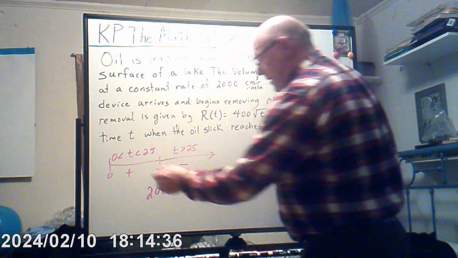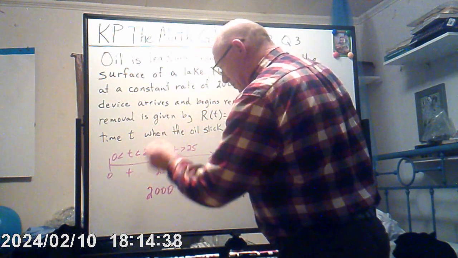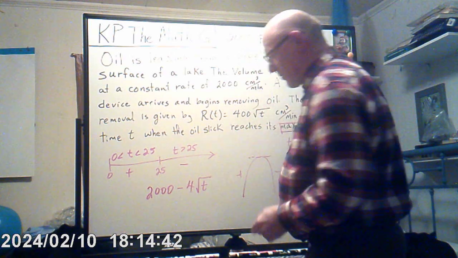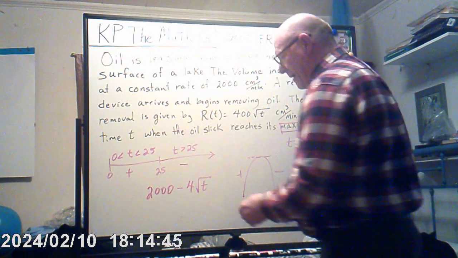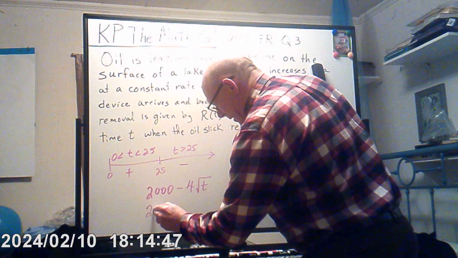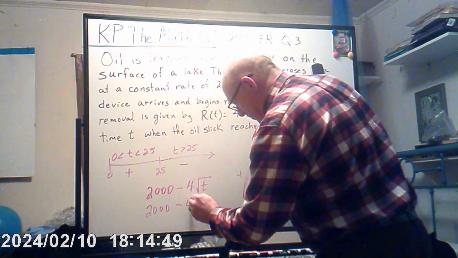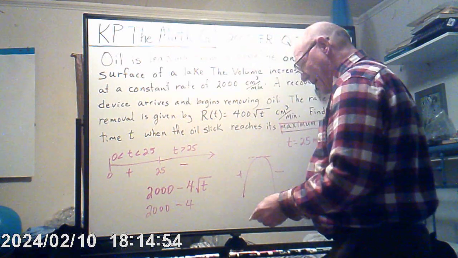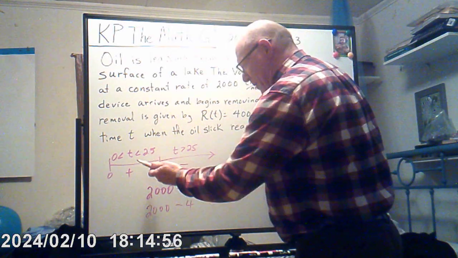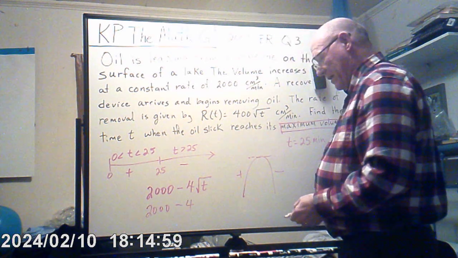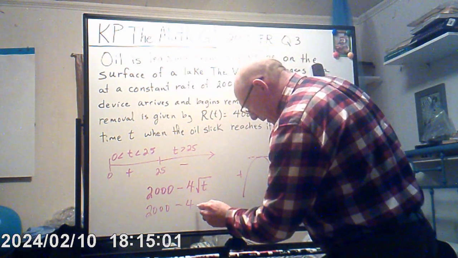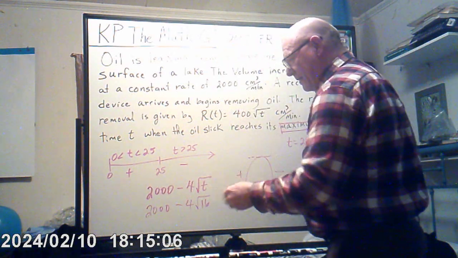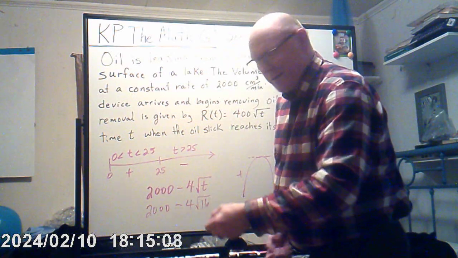So let's plug in some t between 0 and 25. Anything that gives me a perfect square root will work for me. We don't have to have a perfect square root, but it's nice if we do. Instead of picking 25, let's pick something less than 25. Let's say 16. So 16 is between here, right? Or we could have picked 9 or 4 or 1.